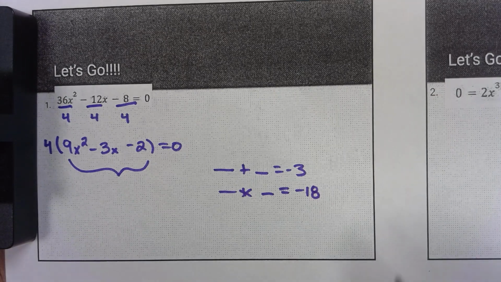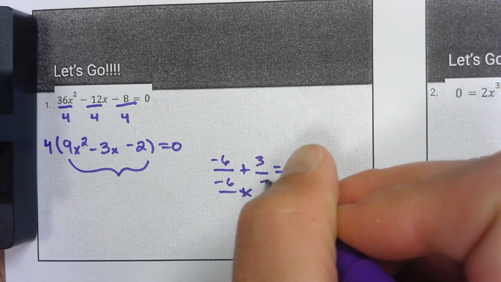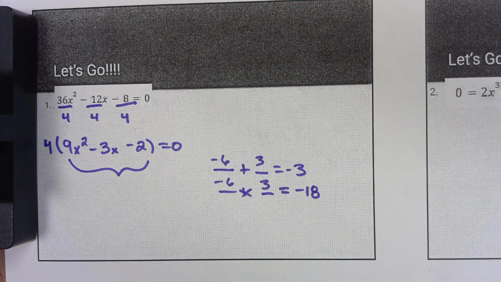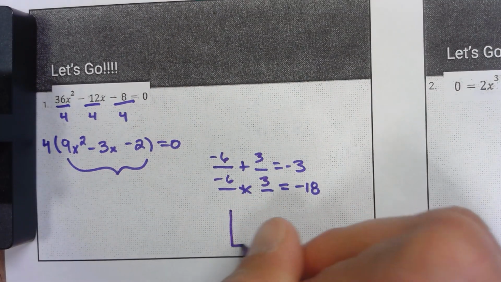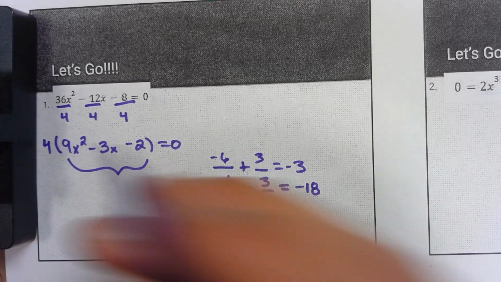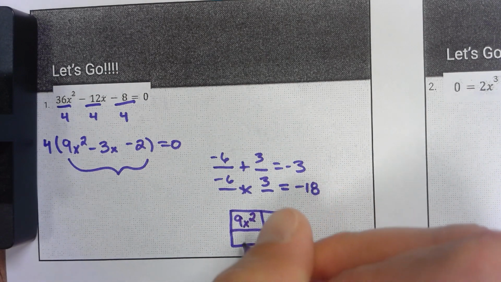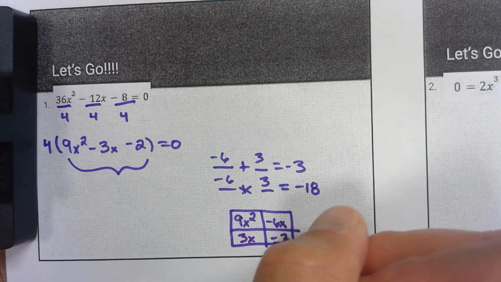Those numbers are -6 and 3. And so really we're factoring 9x squared, then -6x, 3x, and minus 2.